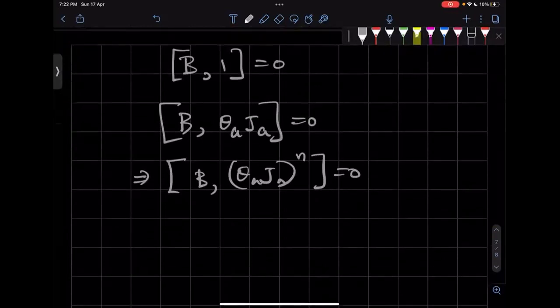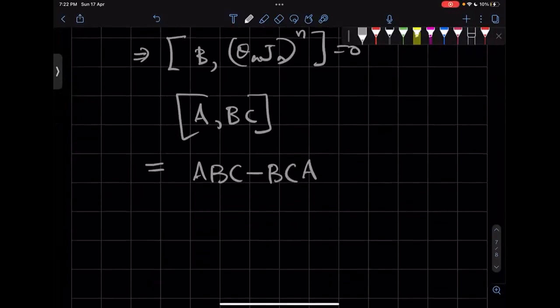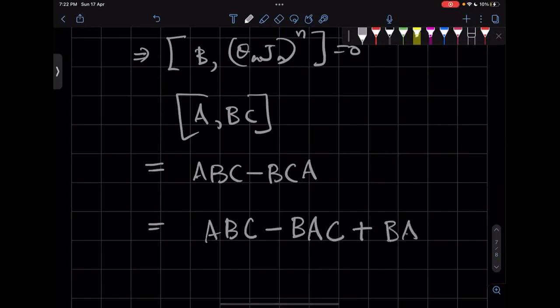Right, because we know that when we have the commutator [A, BC], which is ABC minus BCA, right? But we can also write that as ABC minus BAC plus BAC minus BCA, right?